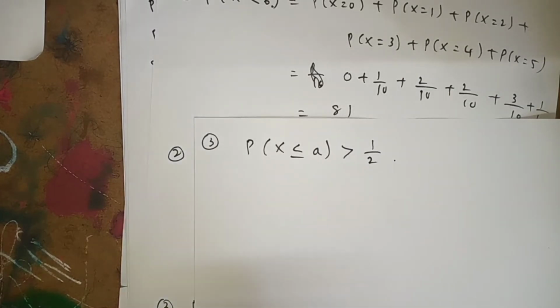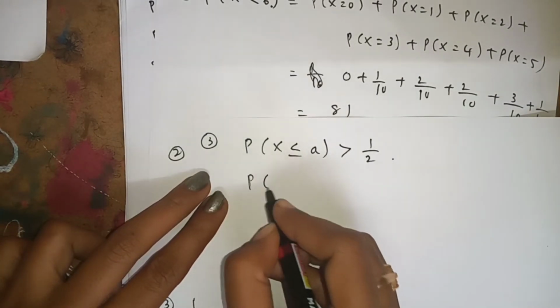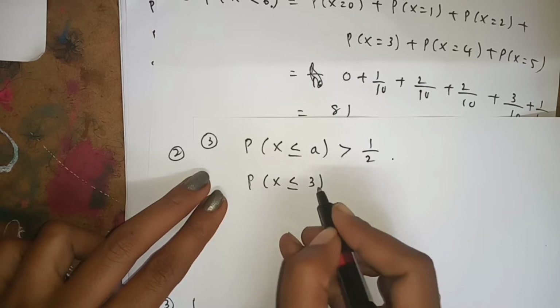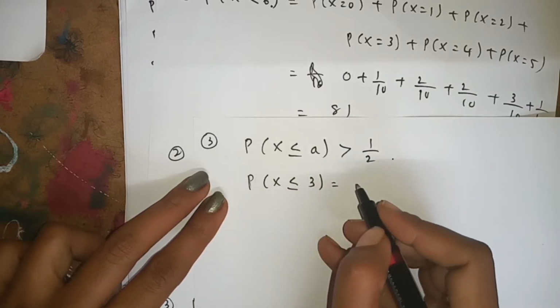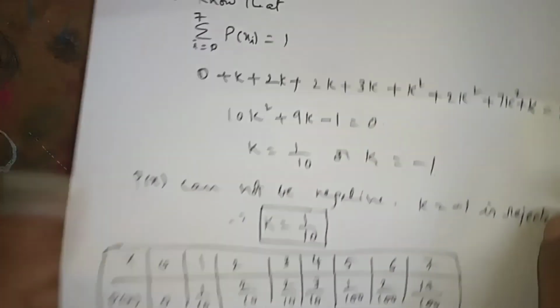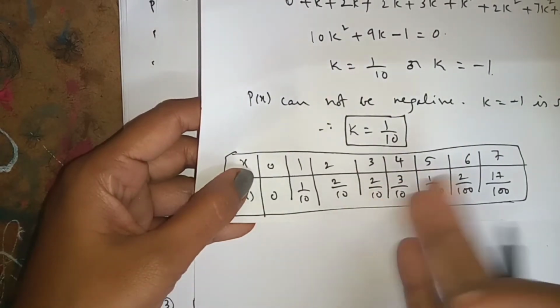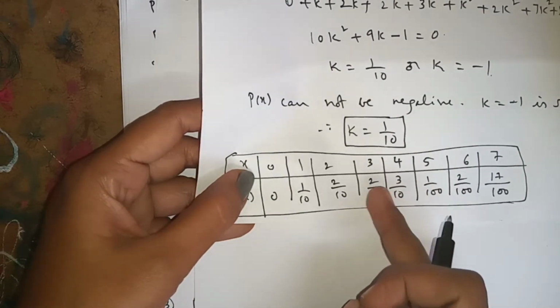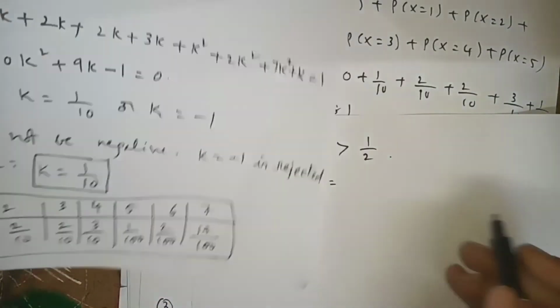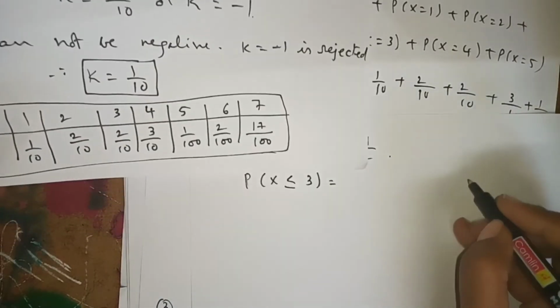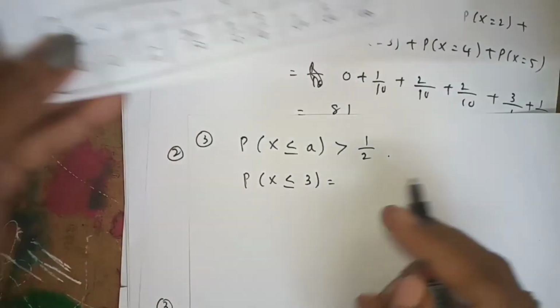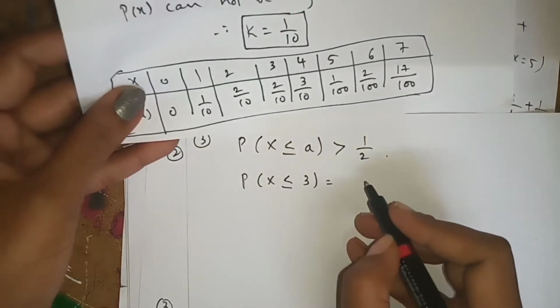For example, if I take P of X less than or equal to 3, what will you get? Less than or equal to 3 means this one plus this one plus this one.